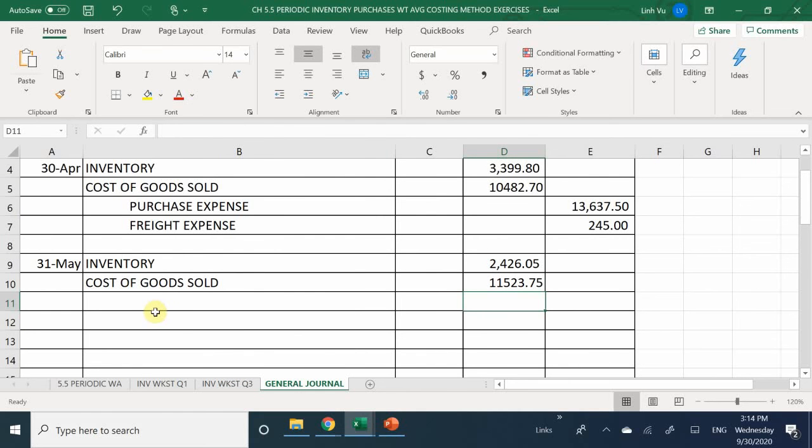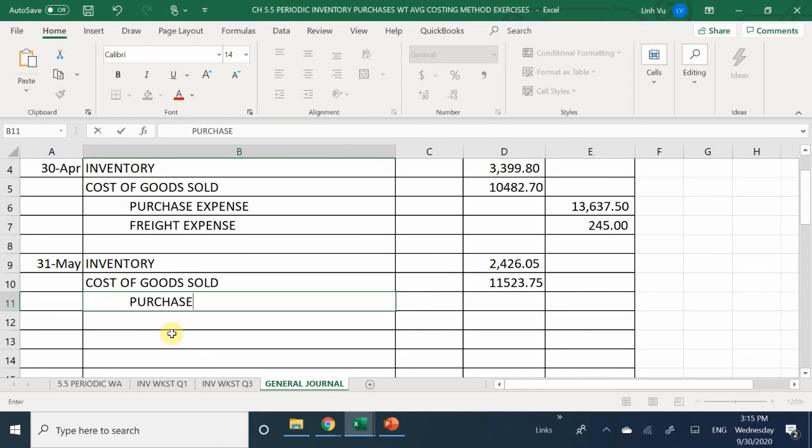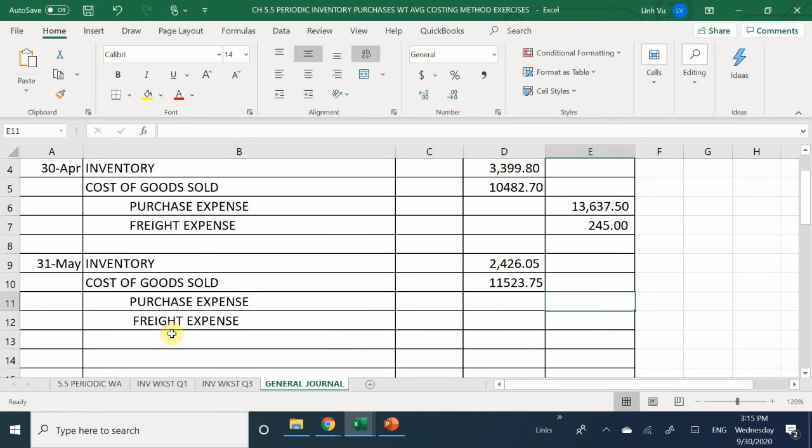Now, what else am I going to recognize? We're going to have the purchase expense and freight. And so our purchase expense was $10,400, and the freight was $150.